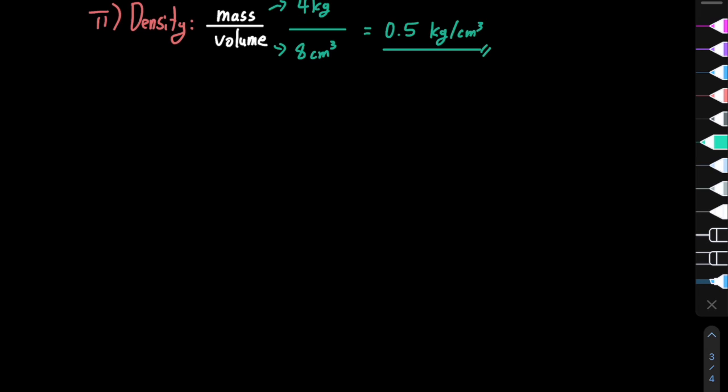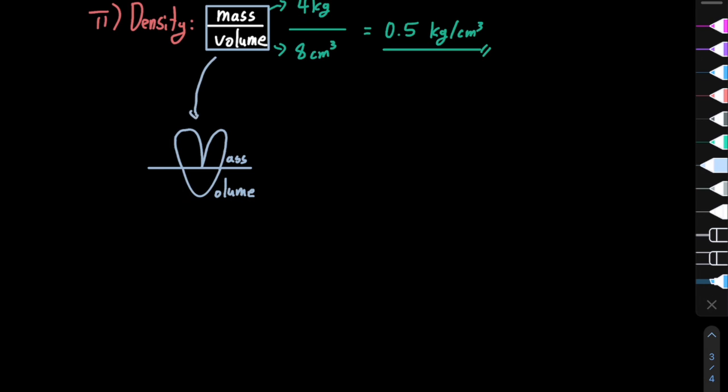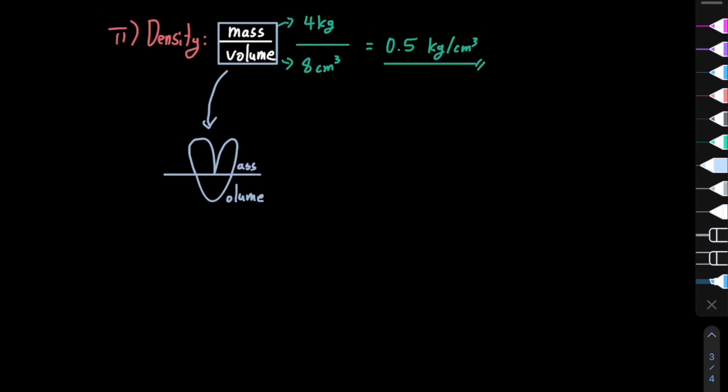And an easy way to measure density or memorize this formula is by thinking of it as a heart-shaped diagram. And this is slightly more of a silly way to do it, but this would be volume and this would be mass, and this is kind of how I memorized it quite fast and easily, by thinking of it as a heart that is split into two.